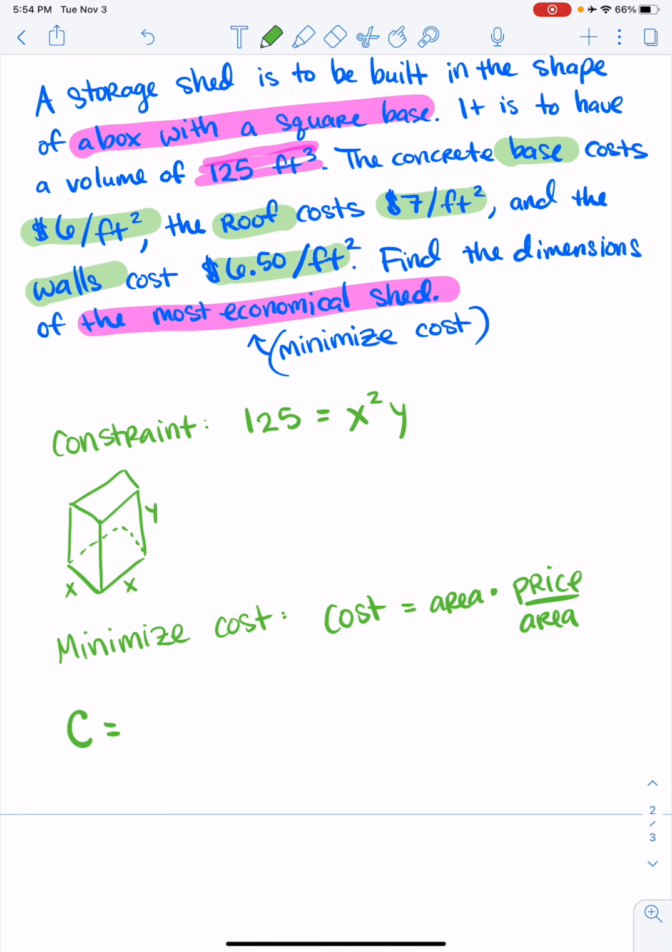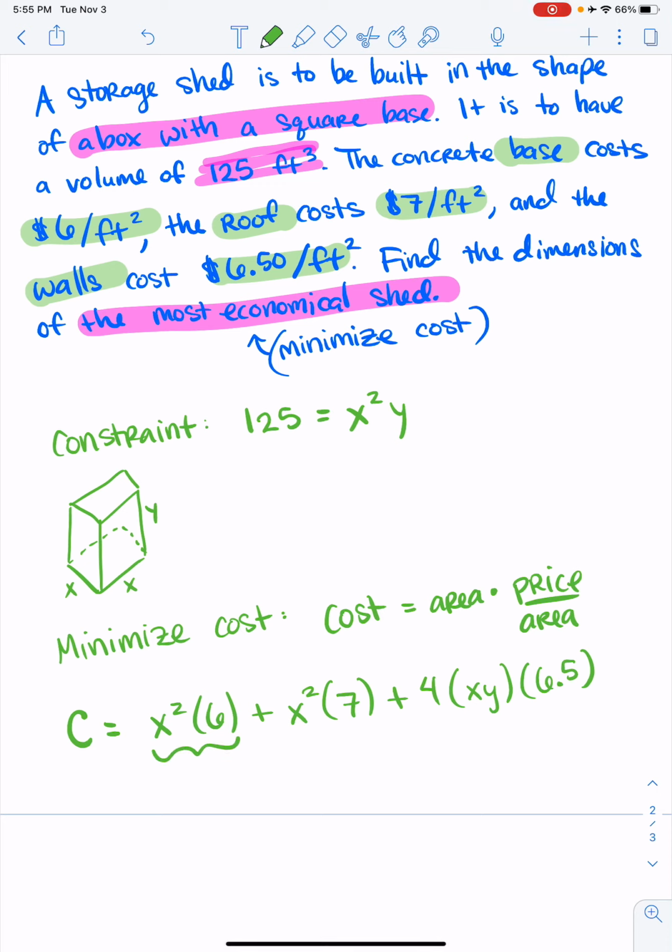So let's start with the base. We have x squared times 6 plus x squared times 7 plus 4 times xy times 6.5. Okay, where did that all come from?